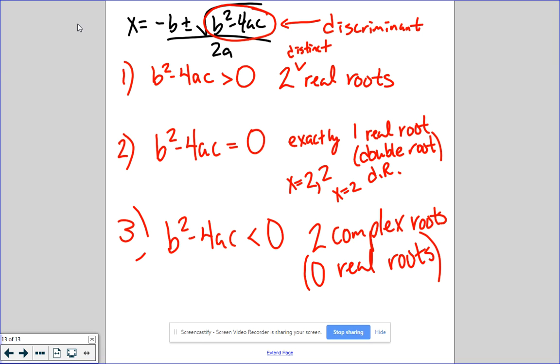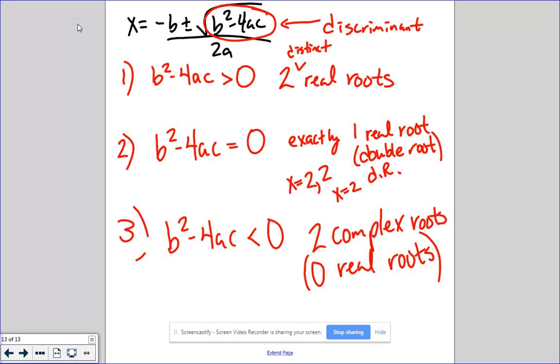Those problems in 4.1 that ask how many complex roots you have, if it was a quadratic, you could have just done b squared minus 4ac instead of having to work it all the way out, and that would have answered the question. So this is a pretty handy tool when it comes to doing quadratics.